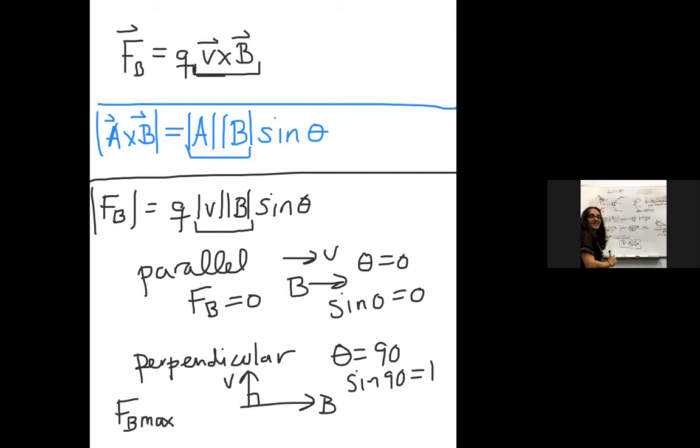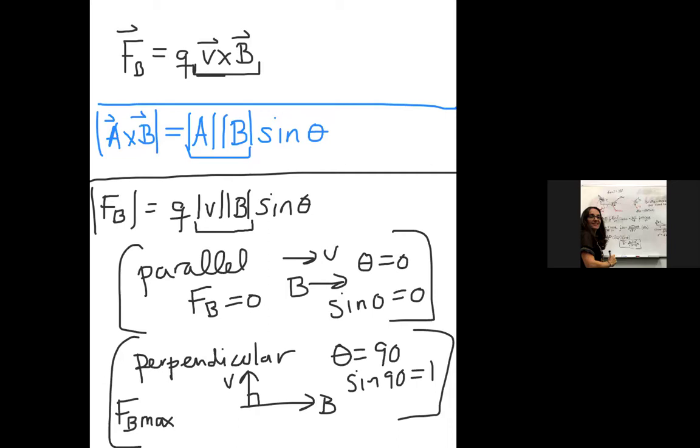You can have a charge moving with the exact same speed, and if it moves parallel, it'll have 0 magnetic force. But if the particle moves perpendicular, it'll have the maximum magnetic force. Same charge, same speed, just change the direction.